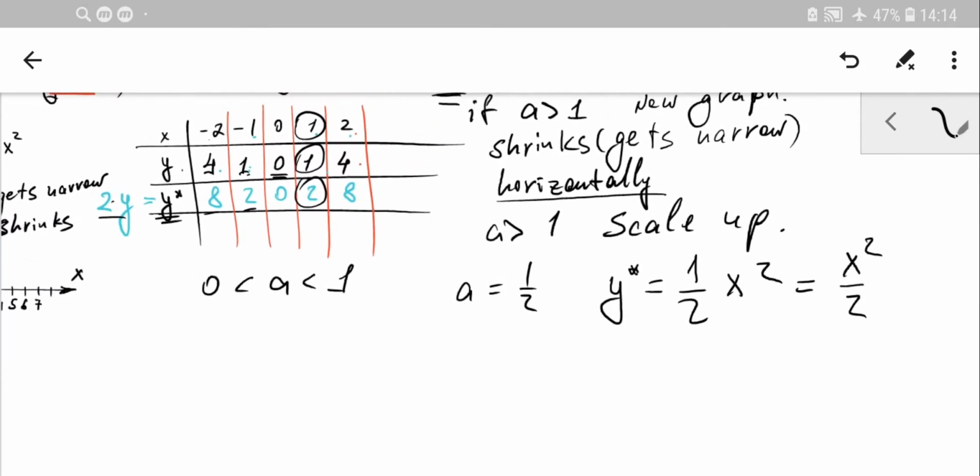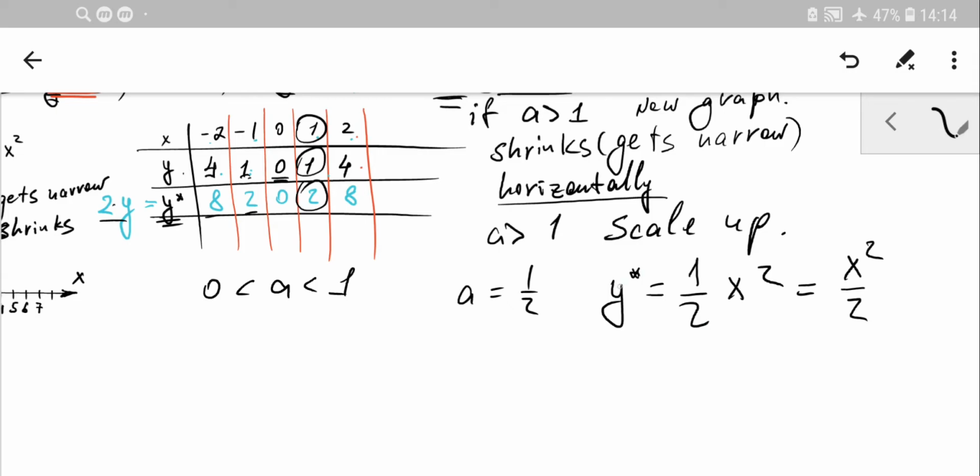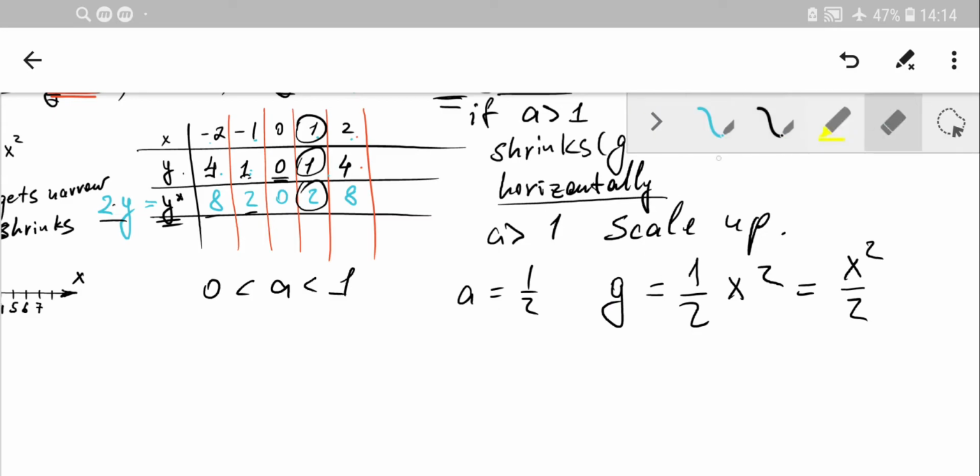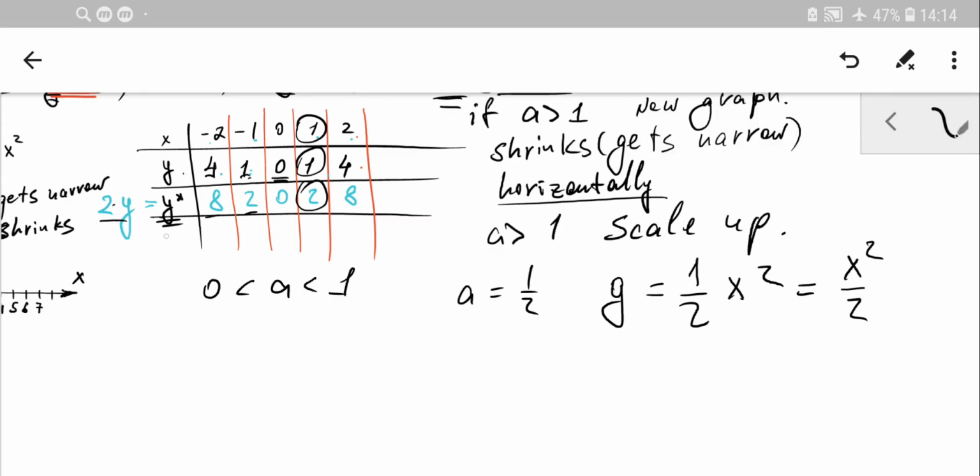So if we create a table, maybe better marked not as y star but as g, just let's use another function g. So we set up the value tables and we simply need to take all previous values for y and simply divide by 2.